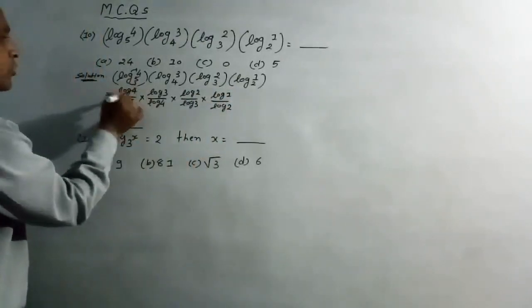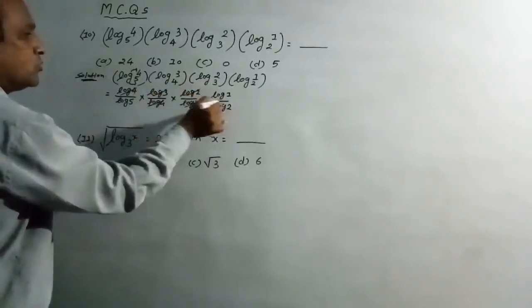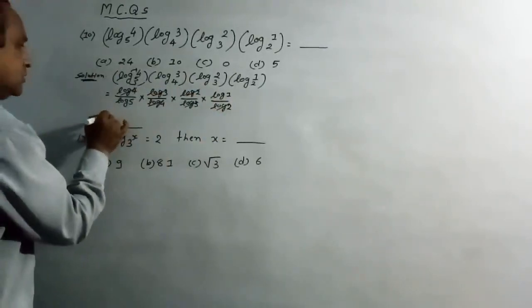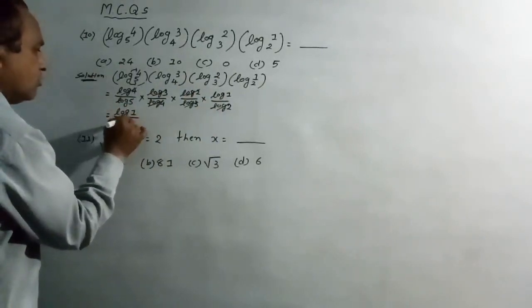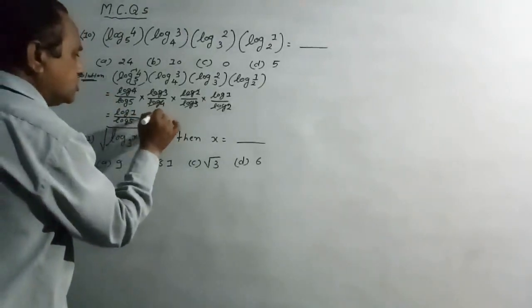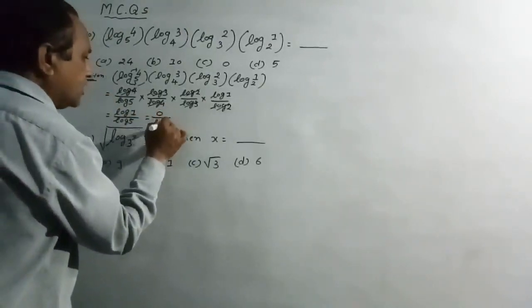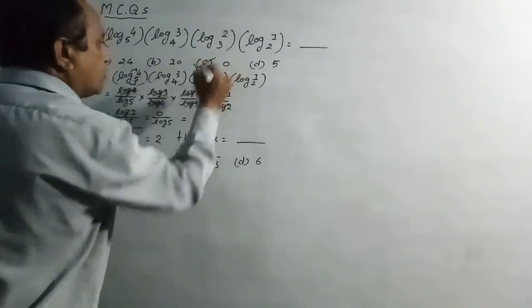Now log 4 and log 4 are the same, cut. Log 3 and log 3 are the same, cut. Log 2 and log 2 are the same, cut. Then we are left with log 1 by log 5. But we know that log 1 is equal to 0, so 0 by log 5 is equal to 0. So the answer is 0, option C.